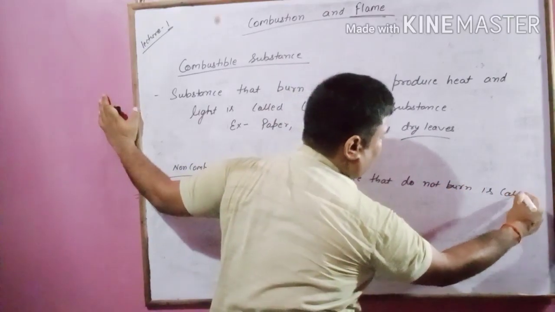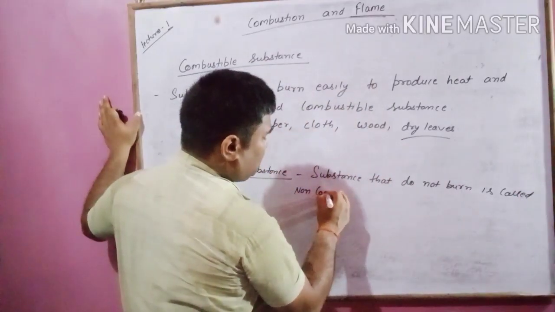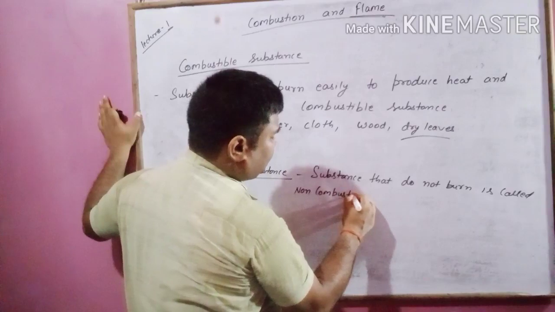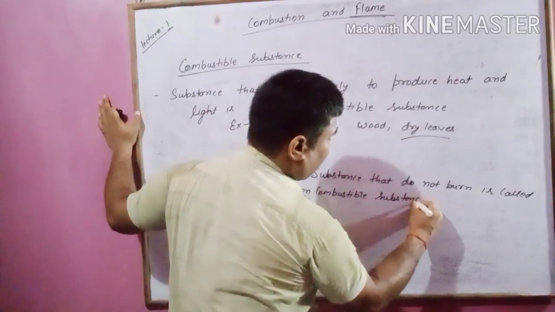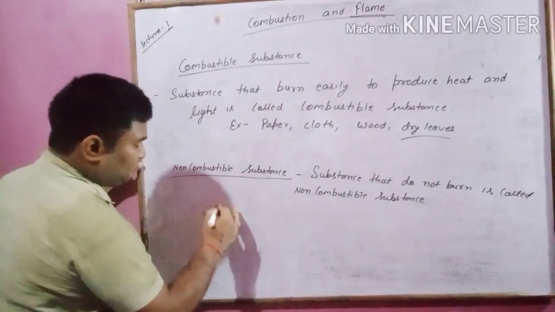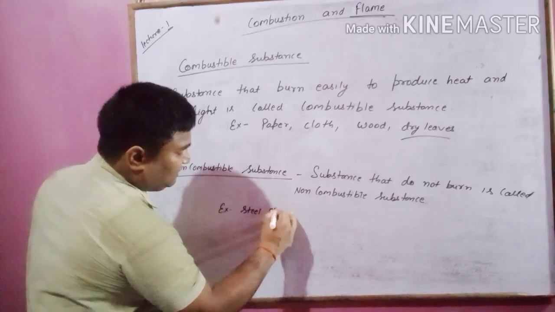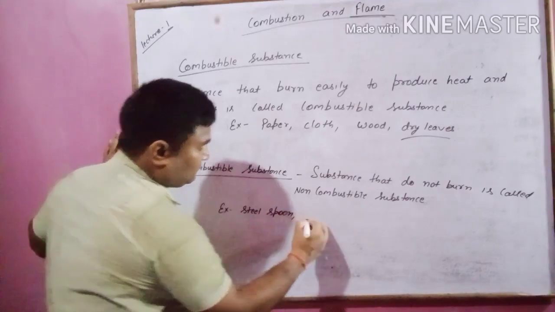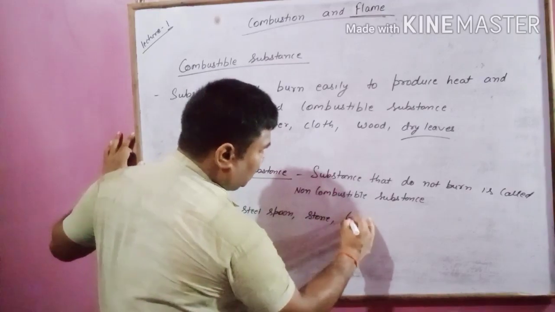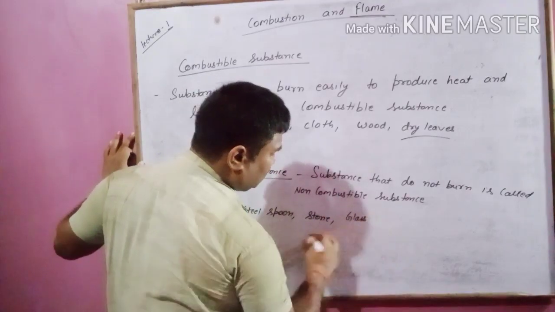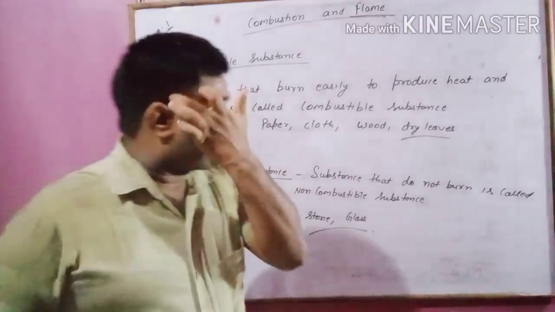Examples: steel spoon, stone, glass. These are all examples of non-combustible substances.